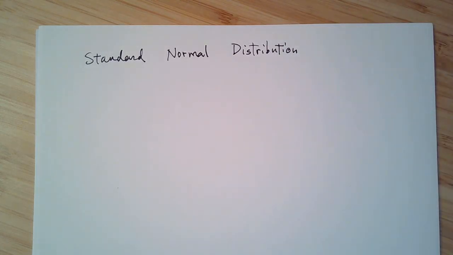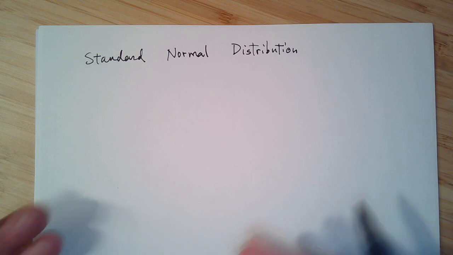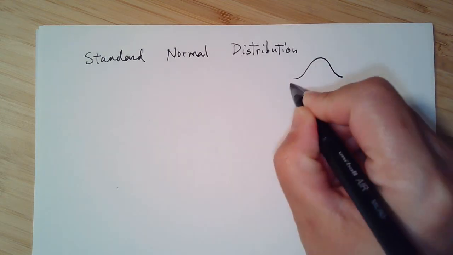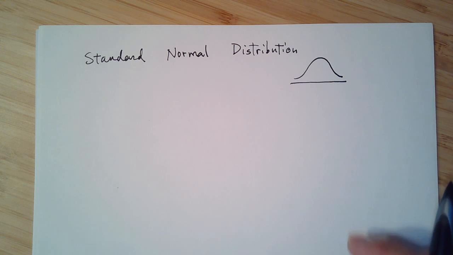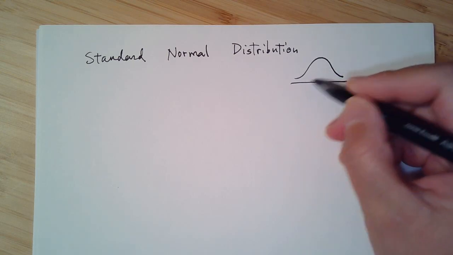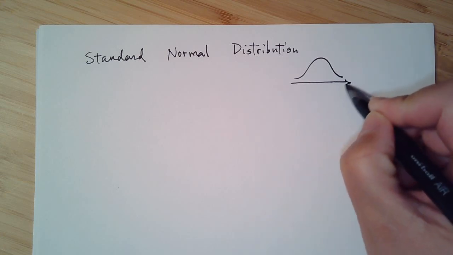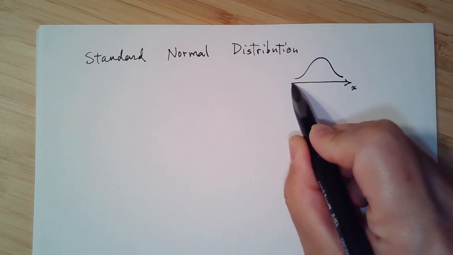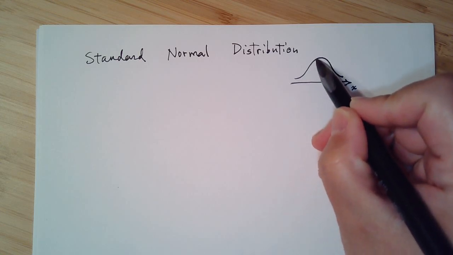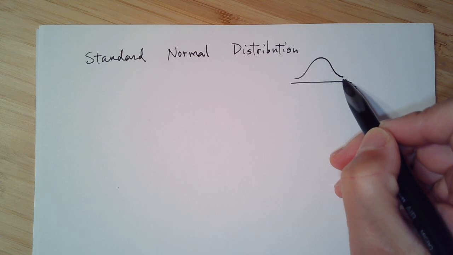When we talk about a standard normal distribution, I believe that we have mentioned the normal distribution in early chapters. And when we talk about normal, it's bell-shaped, like this, right? There's a line here. So this is called a bell-shape. And the reason that you see this bell-shape is that when x goes from left to right, this is the number line, and this curve is the probability distribution graph.